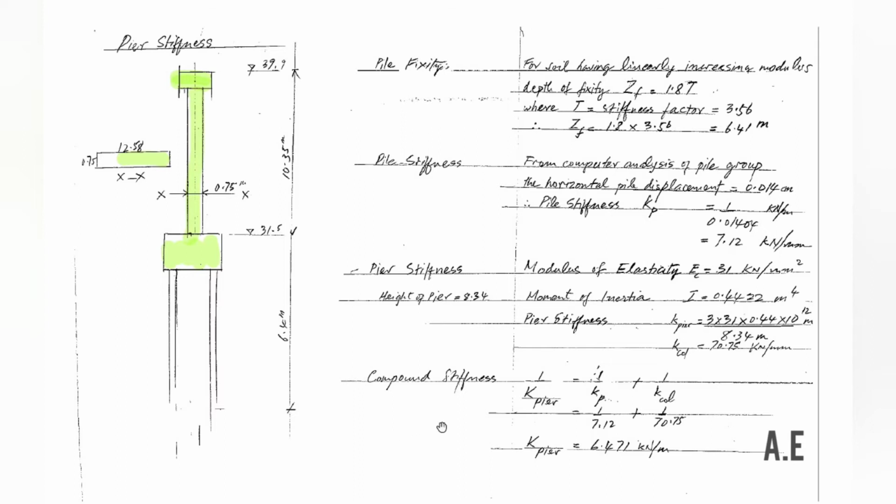Based on the above values, we can use the formula to calculate the compound stiffness of the pier. For this calculation, we have obtained the pier stiffness to be 6.471 kilonewton per millimeter.